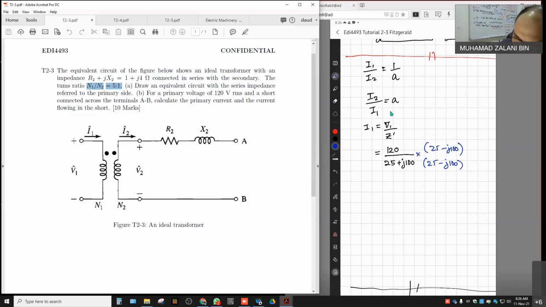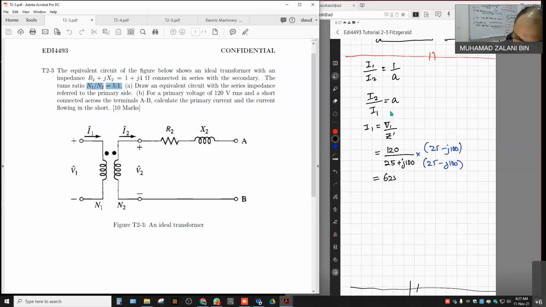Kalau tak faham tu kena back to the calculus lah. Oops, saya nak delete ni ya. J100. So kita darabkan dua-dua numerator and denominator. So that saya short circuit lah sikit.